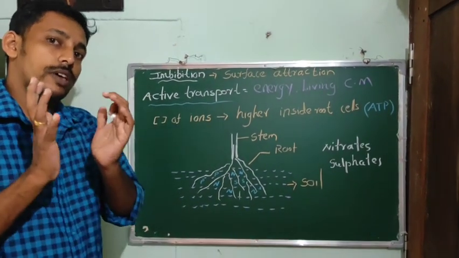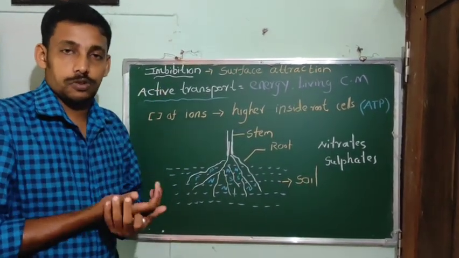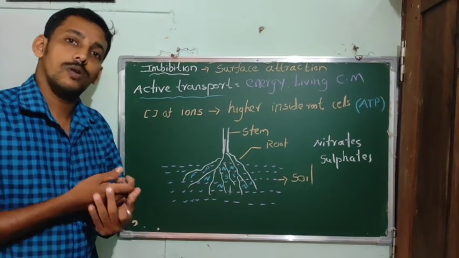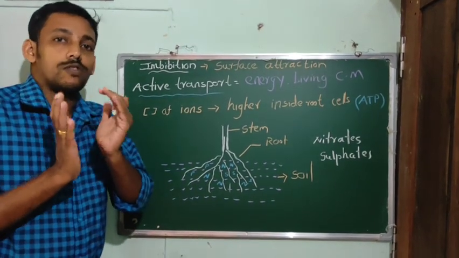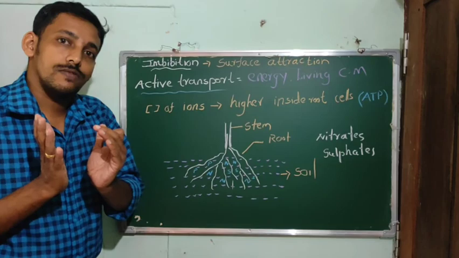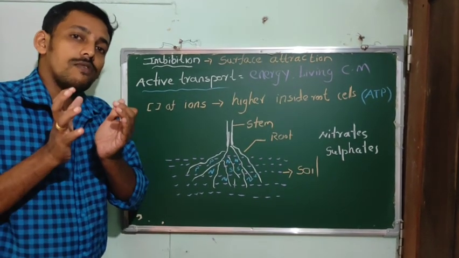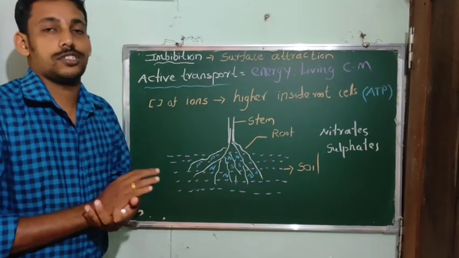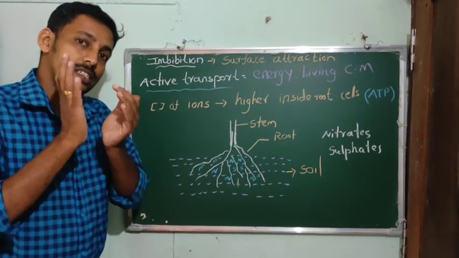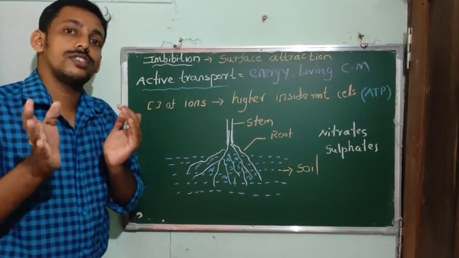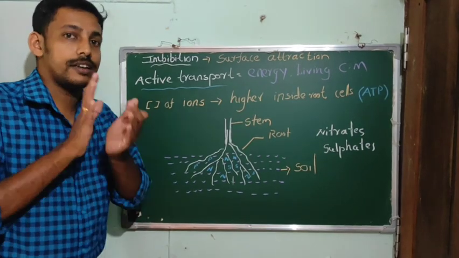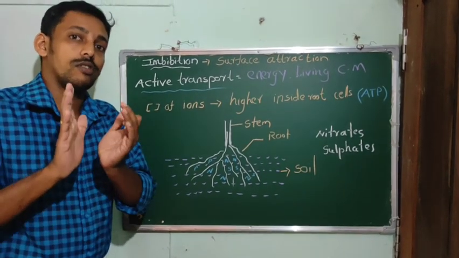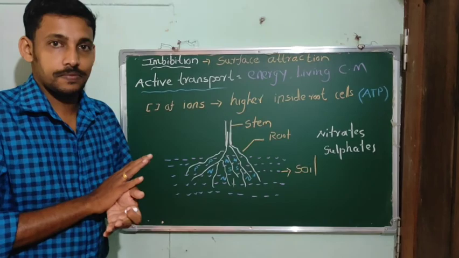So what is meant by active transport? It is the movement of ions or elements from a region of lower concentration to higher concentration. That means it is against the concentration gradient and it requires a high amount of energy.